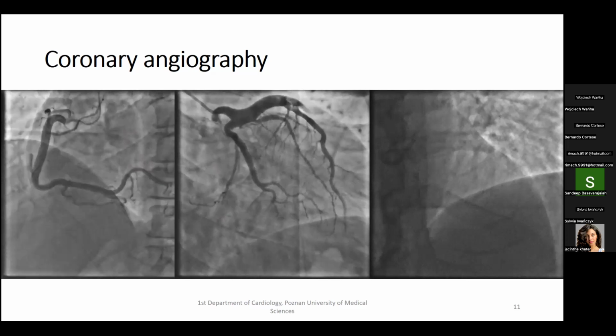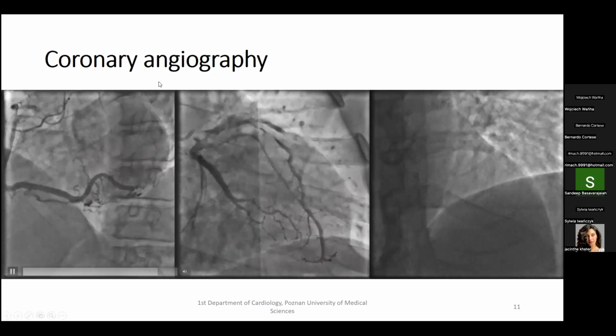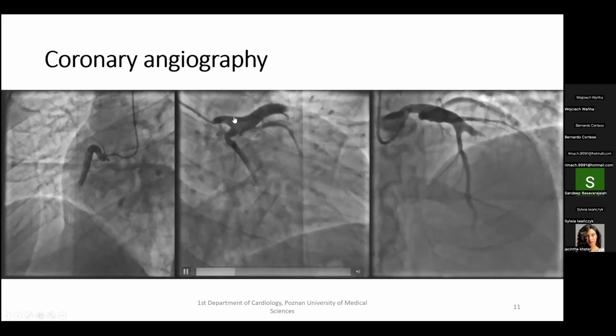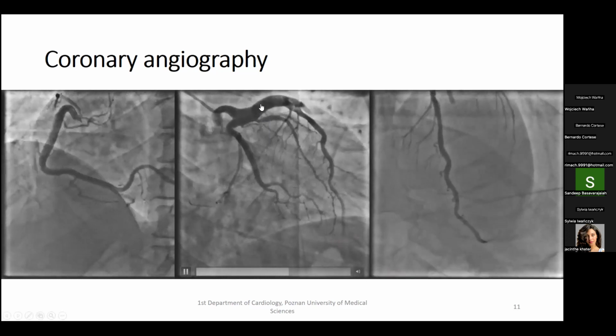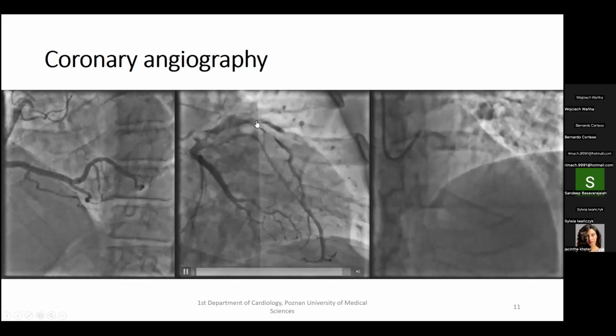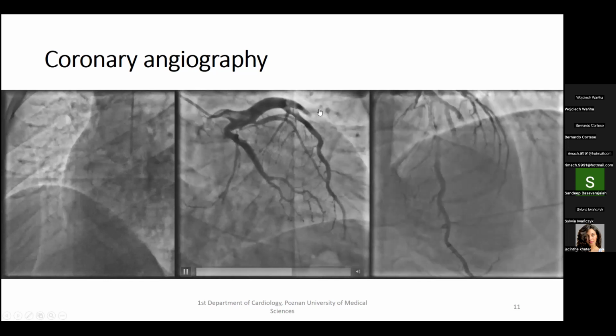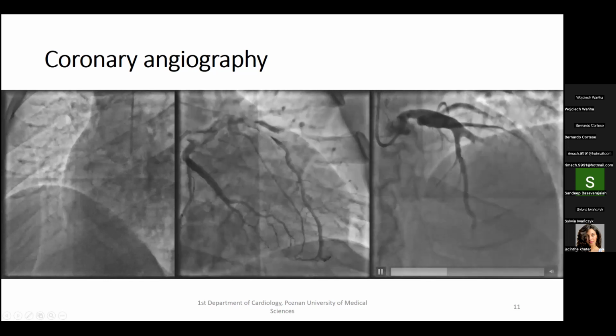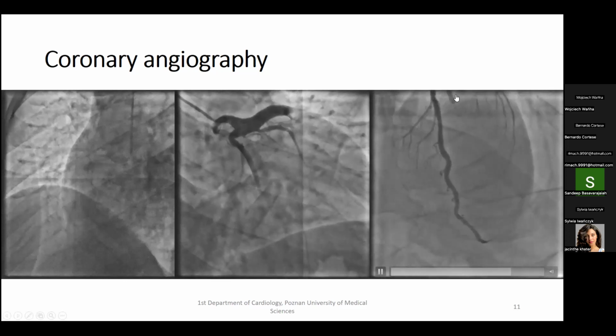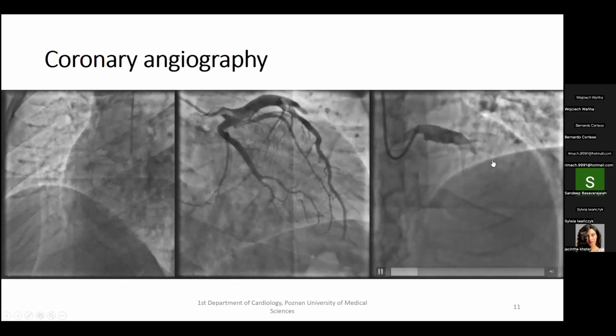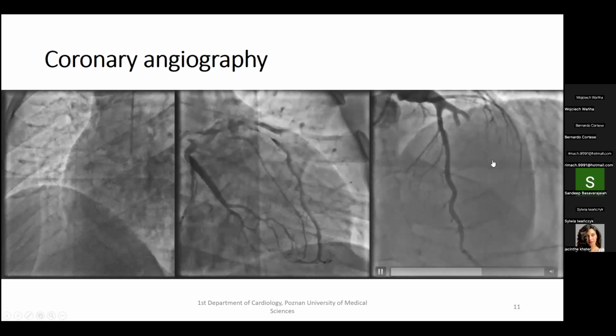And this is the left coronary artery with dilatation of the left main bifurcation and proximal segment of LAD with occlusion of a large diagonal branch. It's better visualized here on AP projection.